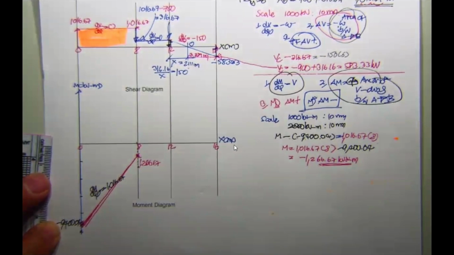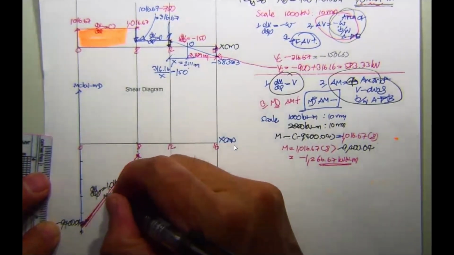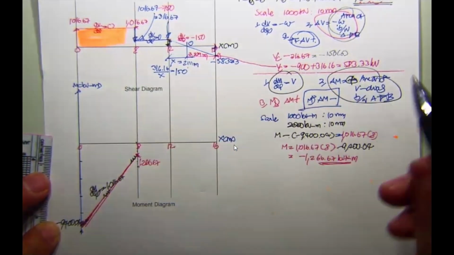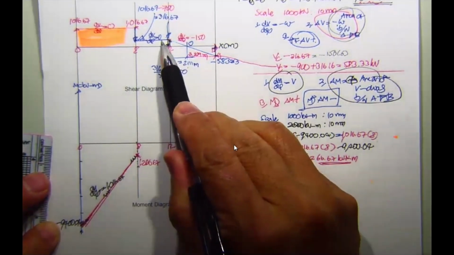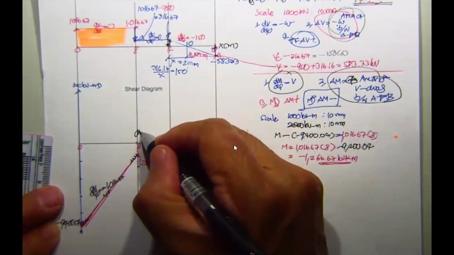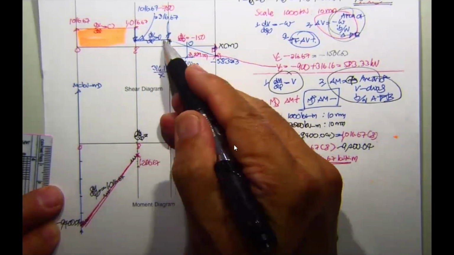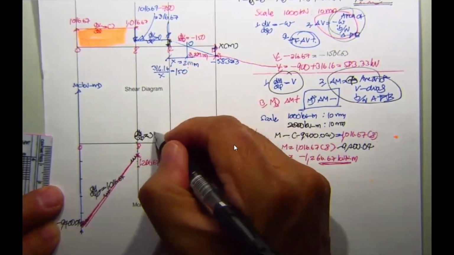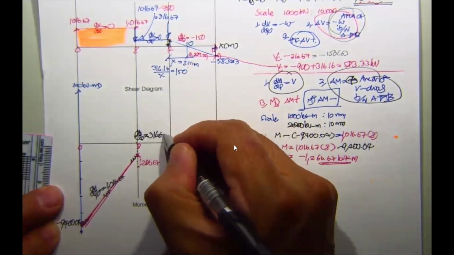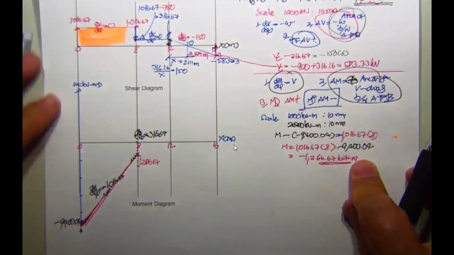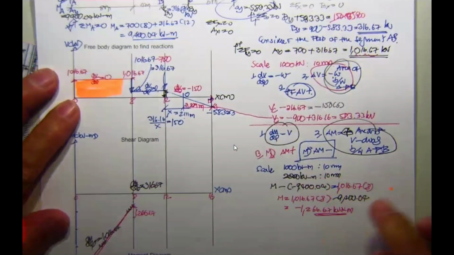And then you may note the slope. The slope changes, because the shear changes, dM/dx equal to the shear 316.67.